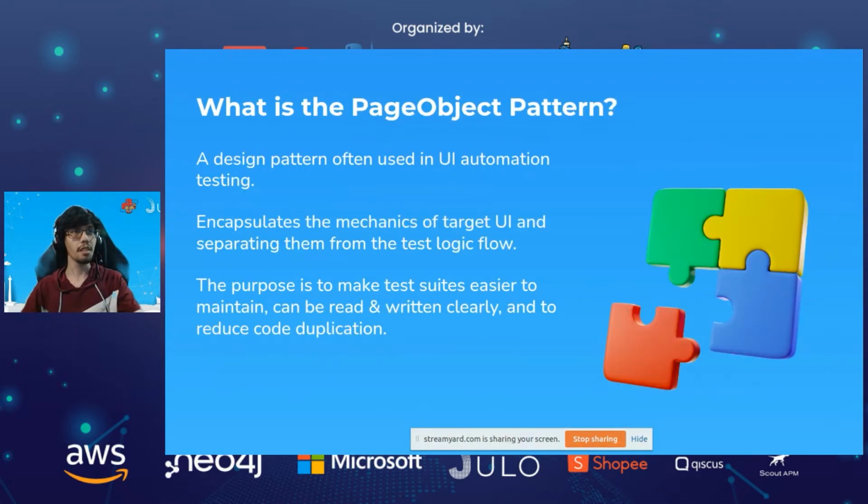It's a design pattern usually used in UI automation testing that encapsulates the mechanics of the target UI and separates them from the test flow. Its purpose is to make the test suite easier to maintain, easier to read and write clearly, and to reduce code duplication.